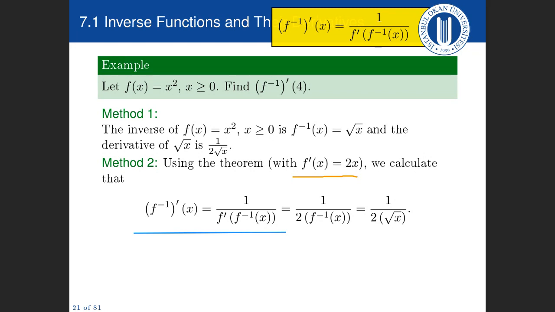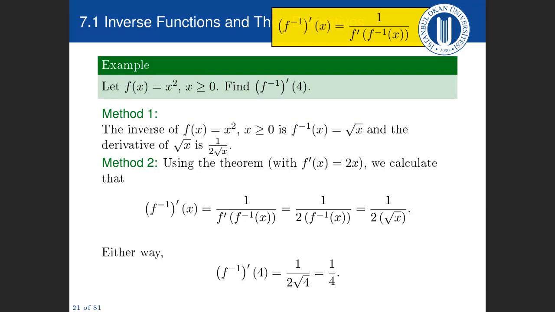But f prime is 2x, so that's just 1 over 2 multiplied by f inverse of x. And f inverse of x is just square root of x. And that's the same answer that we got in method 1. So hopefully that is more justification that our formula in the yellow box is the correct formula.